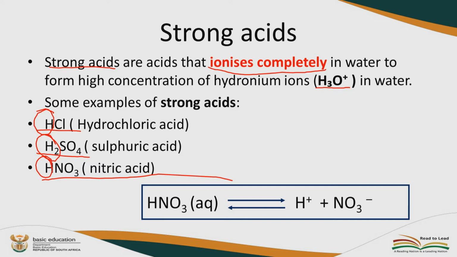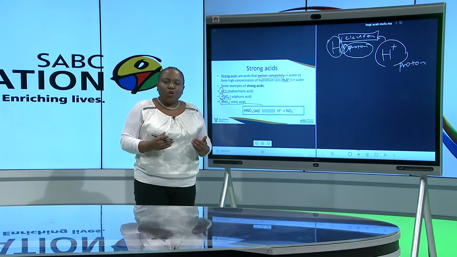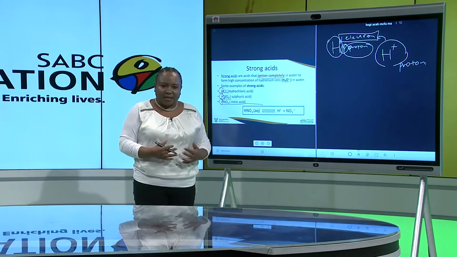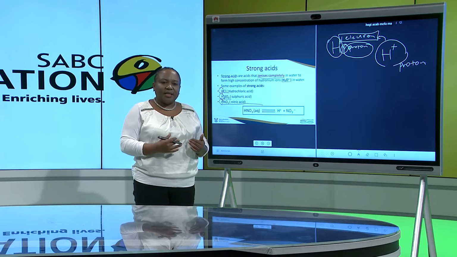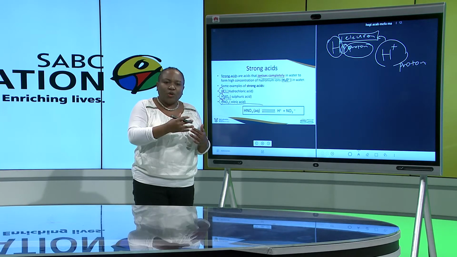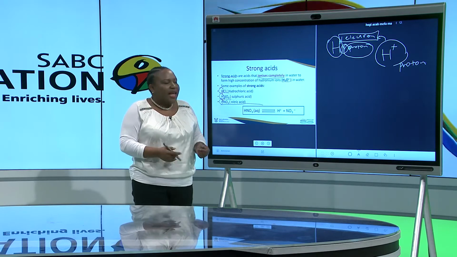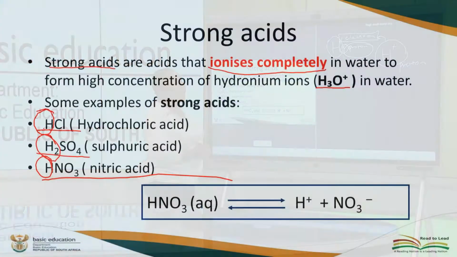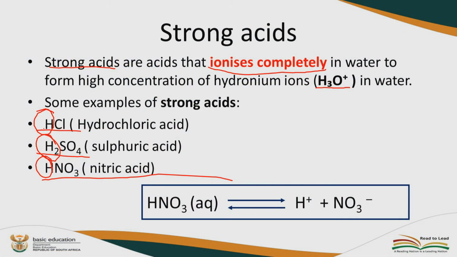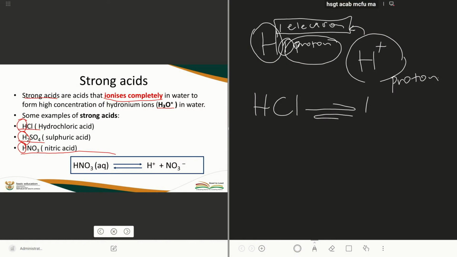I always say you can't give what you don't have. So, for you to give something, you must have it first. When you look at hydrochloric acid, for it to donate a proton, for the nature of having only 1 hydrogen, it can only donate that 1 hydrogen. So when hydrochloric acid dissolves, it will dissolve in such a way that it is H+ plus Cl minus.